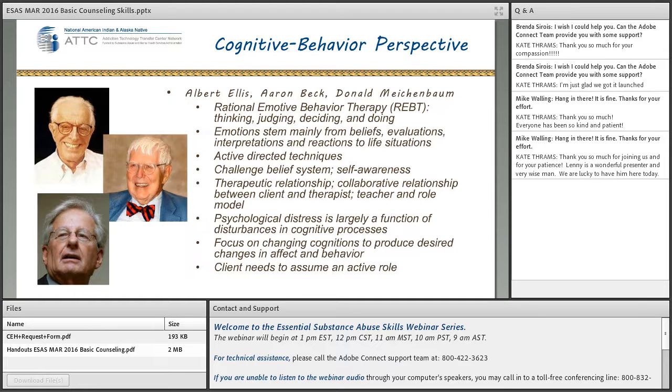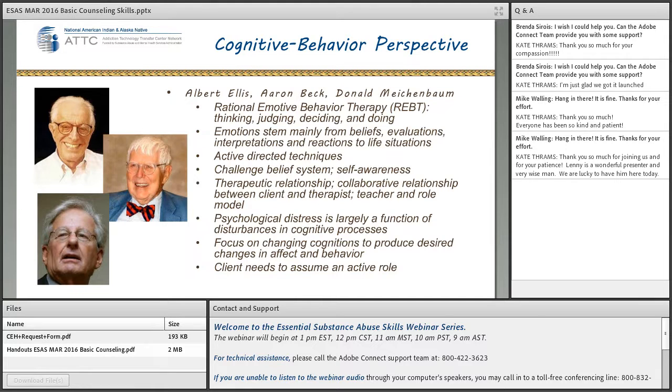One of the things that I know of when working with Native American people is that often we have a very difficult time in identifying our feelings or even validating our feelings. So what I have learned to do is teaching the client how to validate their feeling. And sometimes the client will get stuck in trying to figure out why they're feeling depressed or why they're feeling sad, why they're feeling lonely.